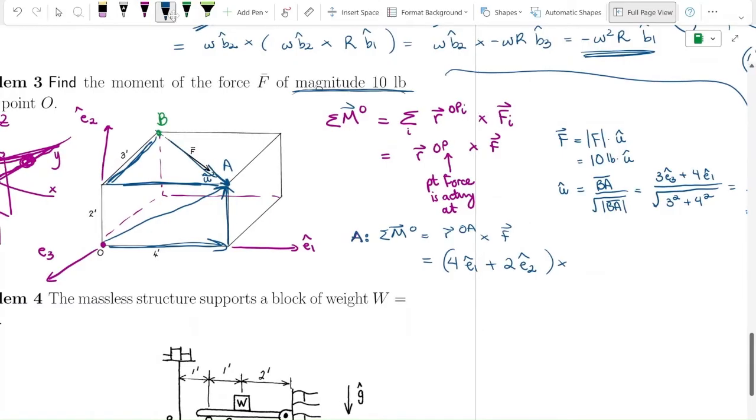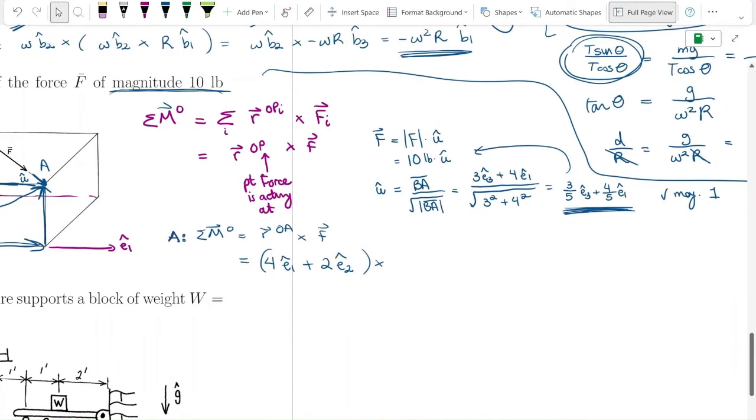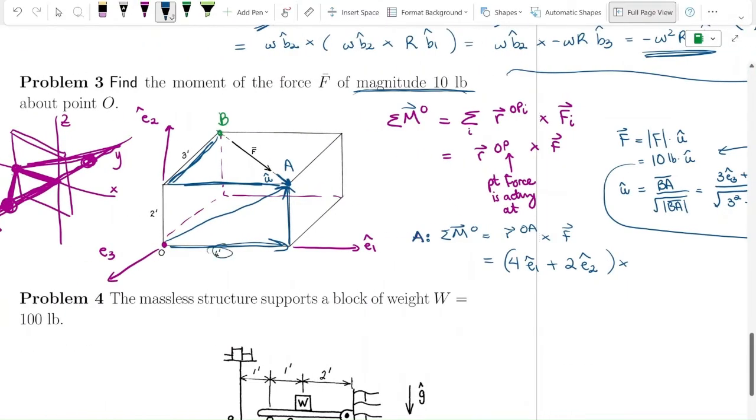So I can plug that back in up here, and this gives me that the force equals 10 pounds times 3/5 e3 hat plus 4/5 e1 hat. This is in feet.